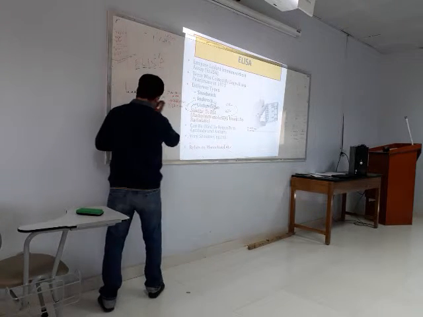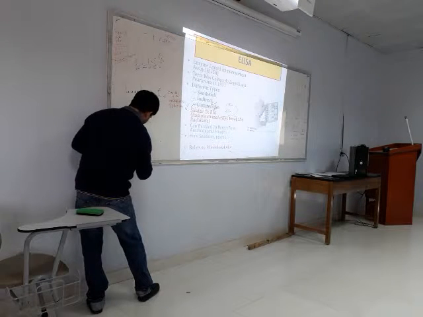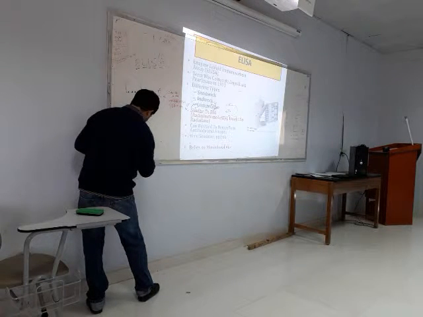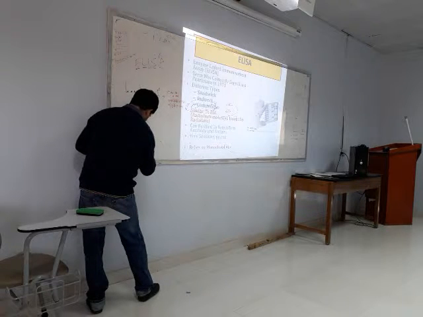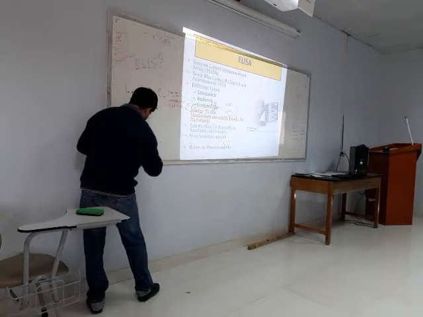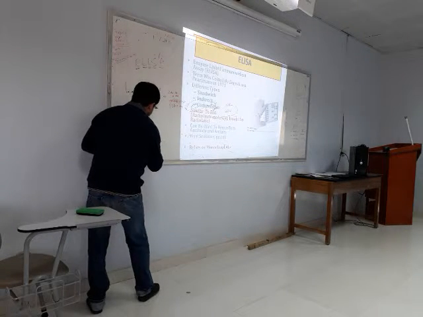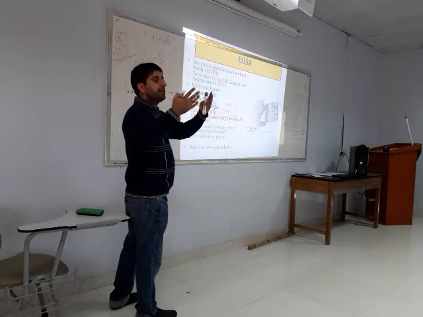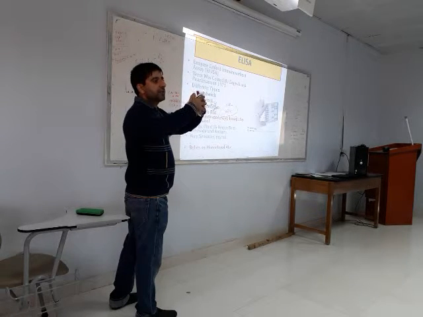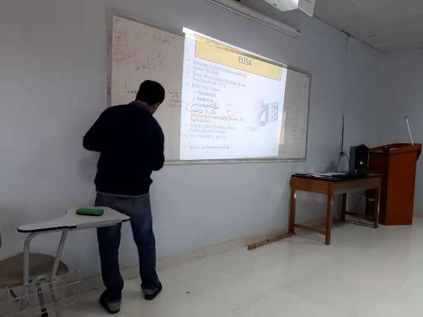When you add this substrate in the next step, this is the enzyme liquid. And now when you add the substrate, it has a capability to bind with the enzyme.